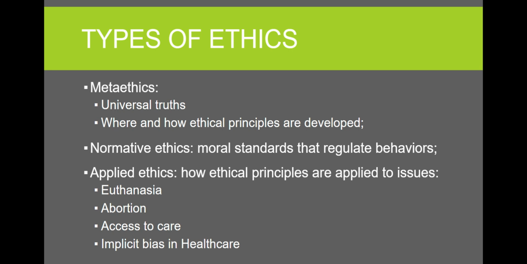So those kind of categories fall under meta ethics. It's like the discussion of those universal truths and what they mean to different people in different circumstances, and also how we develop our ethics, how we regulate our behavior to make it good for all of society.